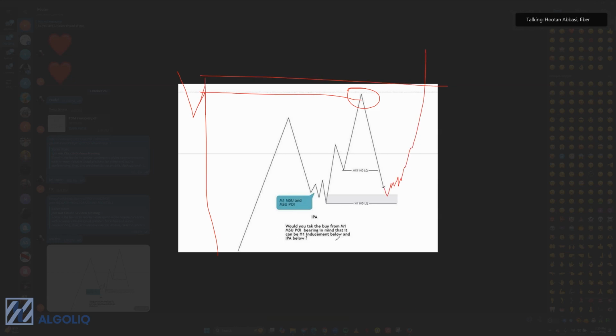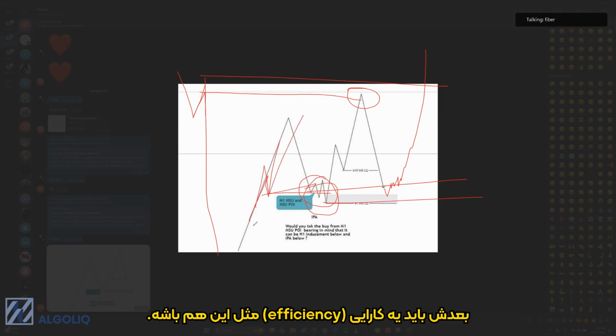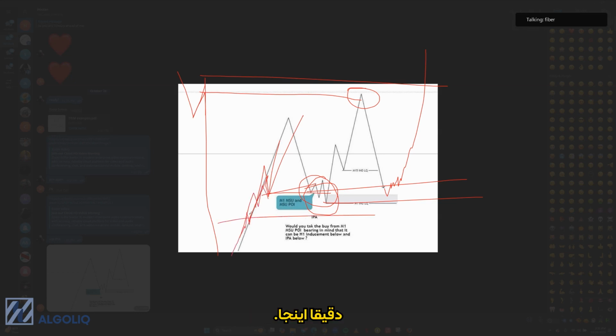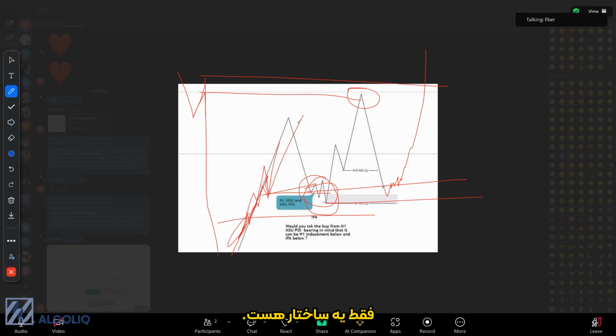And also another thing to consider before buying from this POI is it has to be an MSC POI. Okay, this what you have right here is not really an MSC POI. You need to have a liquidity being taken on the left like this. Then you should also have an efficiency like this. Everything should be efficient right here. No, no, no. It's just a structure.